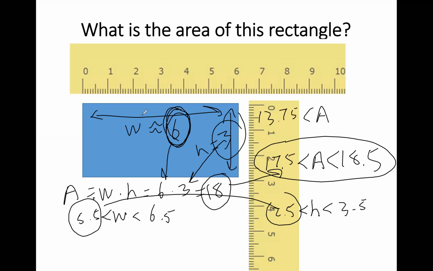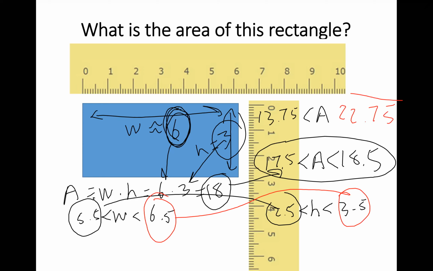Okay. And then let's do the same thing for the largest range. So the width could possibly be as large as 6.5, and the height could actually be as large as 3.5. So let's take 6.5 times 3.5. My calculator says to me that it's 22.75.